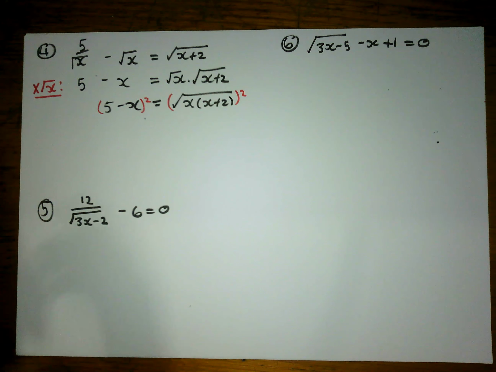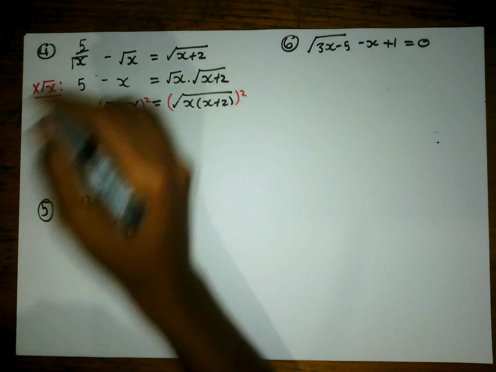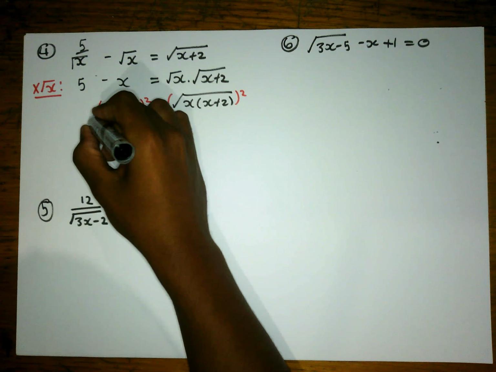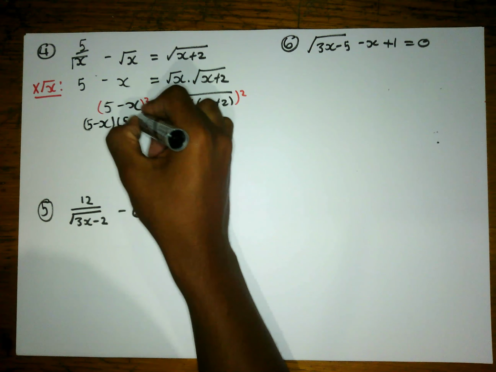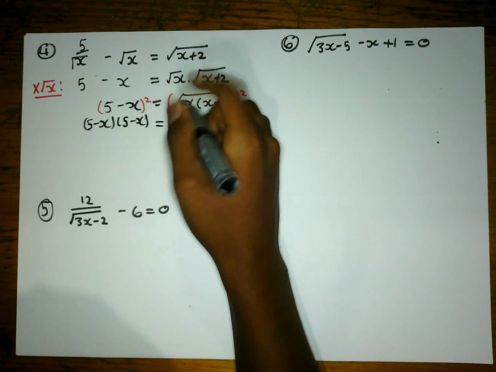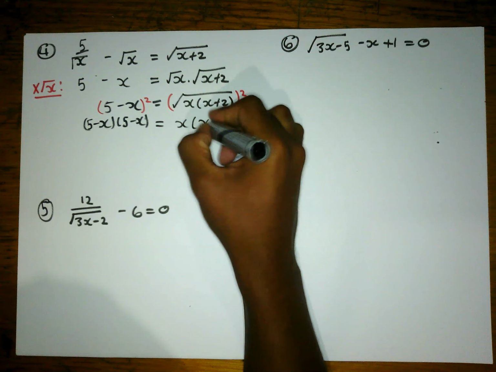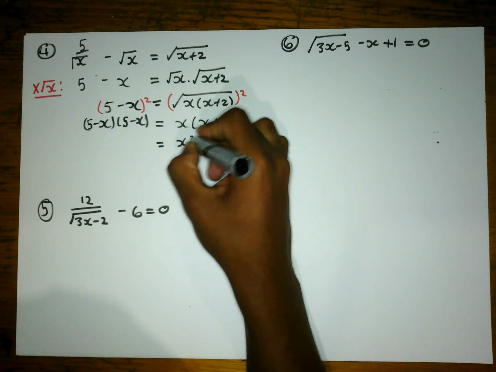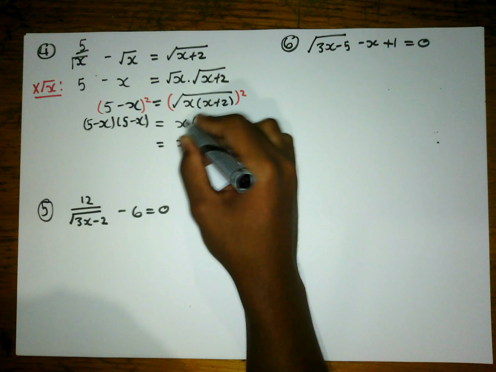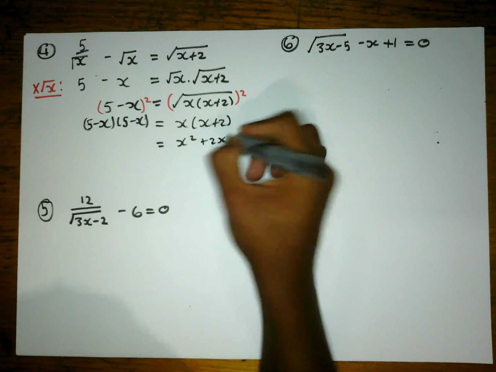So what does it look like now? What it looks like now is we have a 5 minus x and a 5 minus x equals x times x plus 2, which is x squared plus 2x.